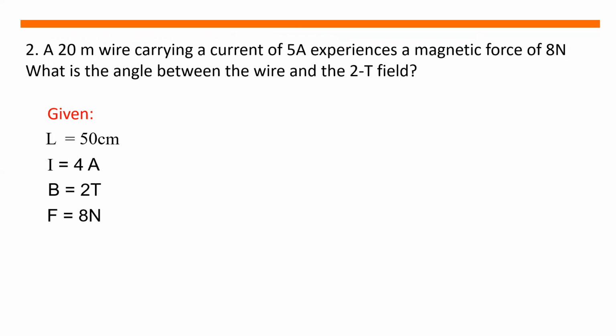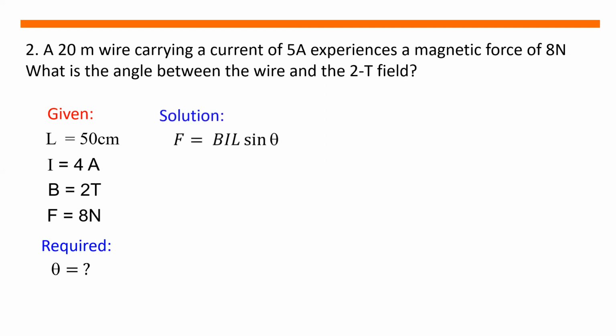And I is 5 amperes. I forgot to change the given, but this current is 5 amperes based on our given problem. The magnetic field is equal to 2 Tesla, and the magnetic force is 8 Newton. We are asked to solve for the angle between the wire and the 2 Tesla field.